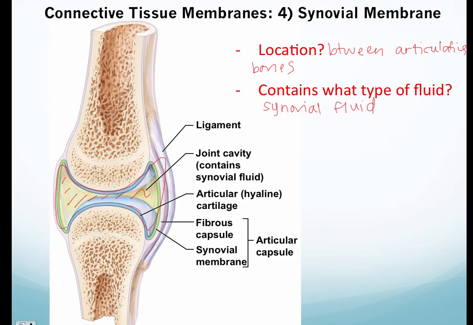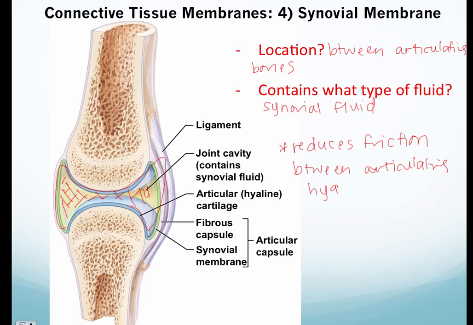And what is the function of this? What do you think the function is of all this synovial fluid? Perfect. It reduces friction between articulating hyaline cartilage of those joints.